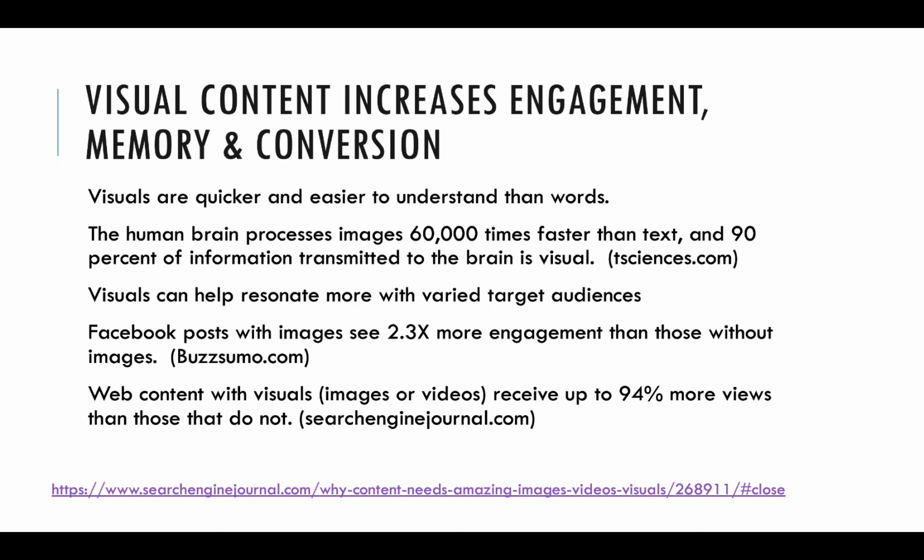So it's quicker for us to pick up a concept, easier for us to digest and understand. And there was a study done that you can find on tsciences.com that the human brain actually processes images 60,000 times faster than text. And 90% of the information transmitted to the brain is visual. So that will go into your short-term memory.